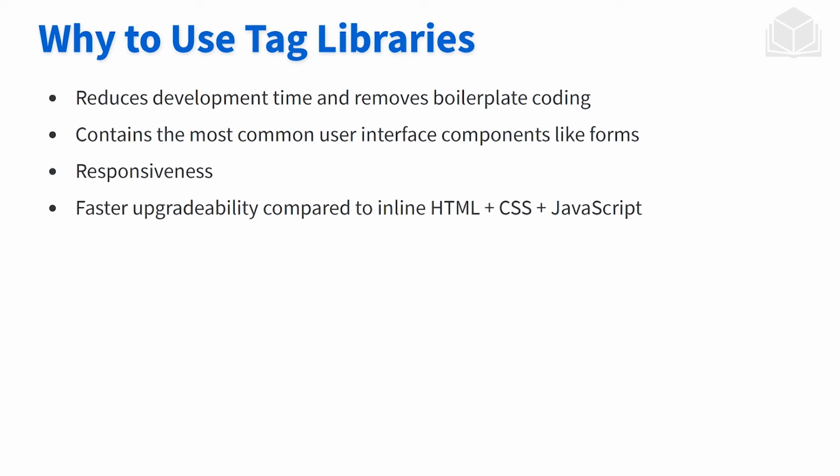A lot of what we would typically use is provided for us in tag libraries, making things much faster in the development world. Very common components are already built out for us, so we don't need to worry about developing them from scratch. It's responsive. Since mobile is really king these days, we don't need to think about developing these specific components for mobile. A lot of them are already mobile friendly.